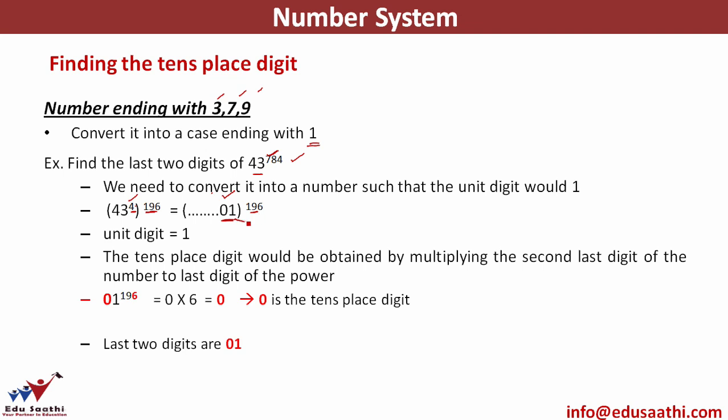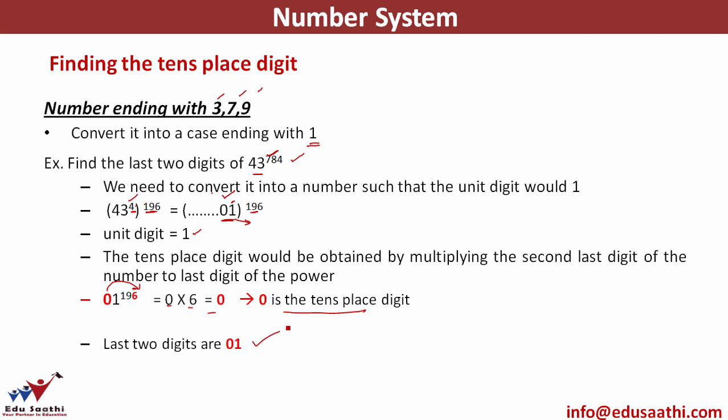So I've already converted it in a way that it ends with 1. The unit digit would be 1. The tens place digit would be obtained by multiplying the second last digit, which is 0, with the last digit of the power, which is 6. So I'll be doing 0 into 6, which is 0, which is basically your tens place digit. So the last two digits will be 0, 1.